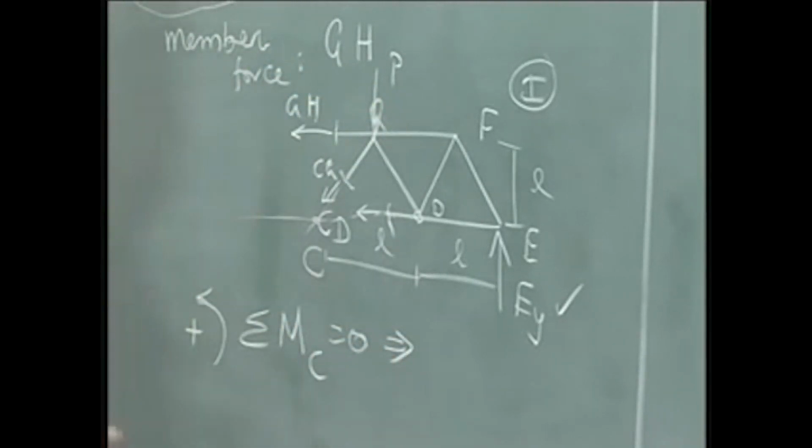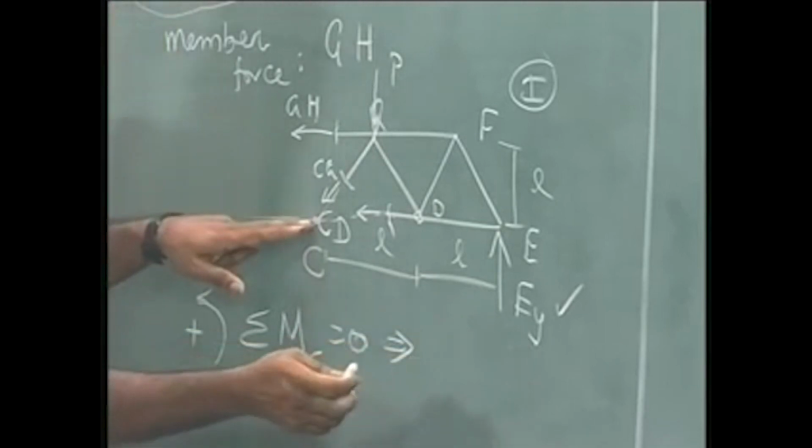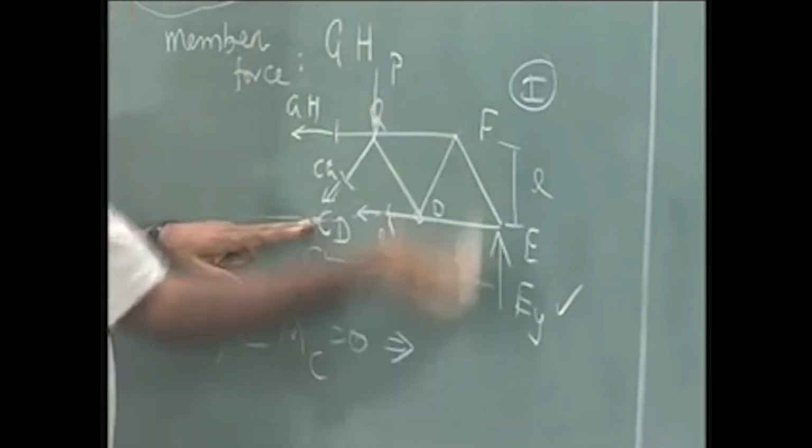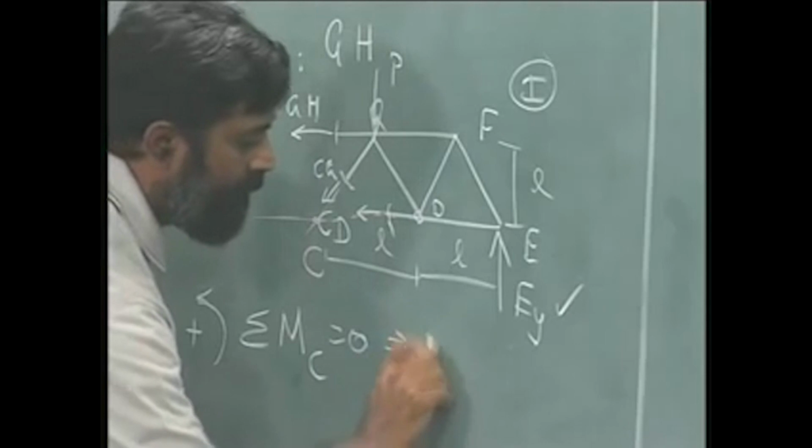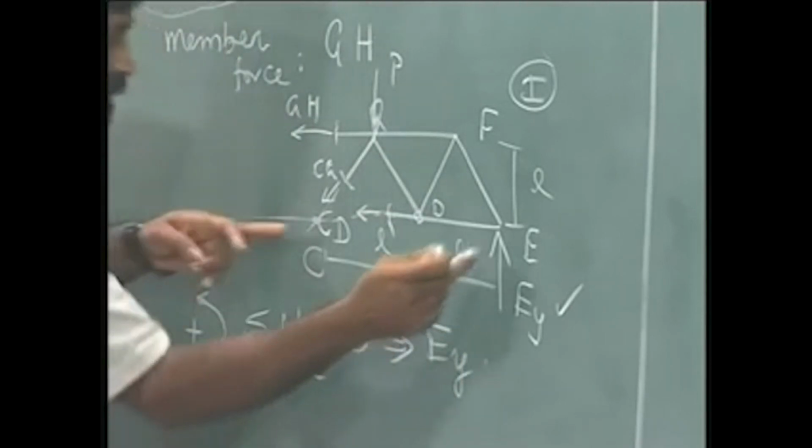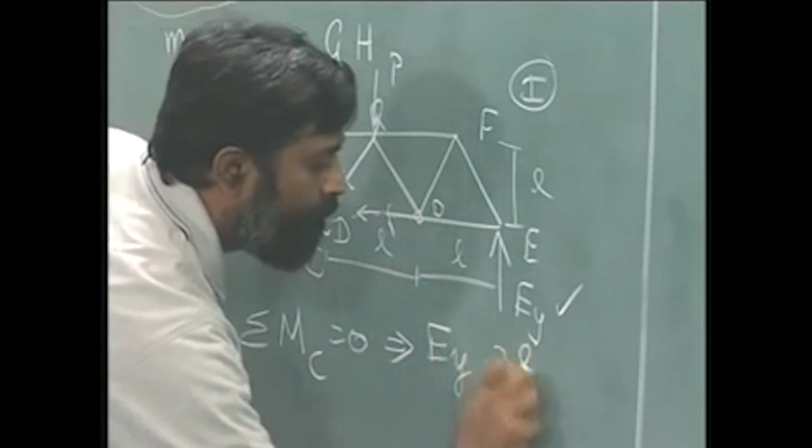If this is in static equilibrium, total moment at C is equal to 0. About this point, this force is in the anti-clockwise sense, it is EY times the length, which is 2L.